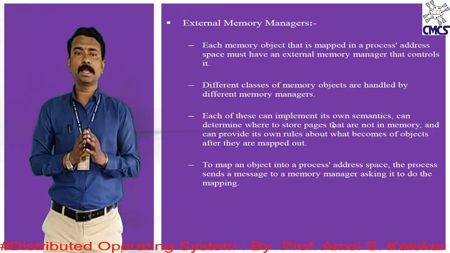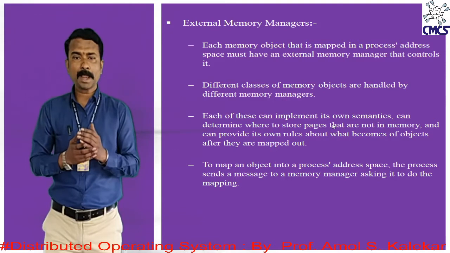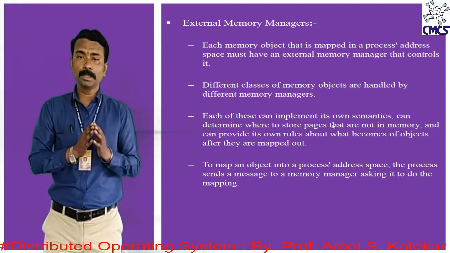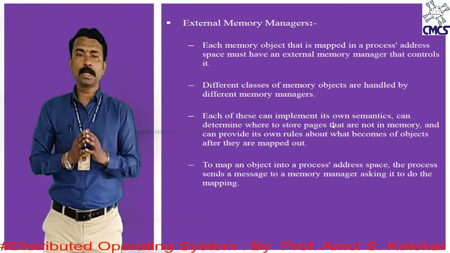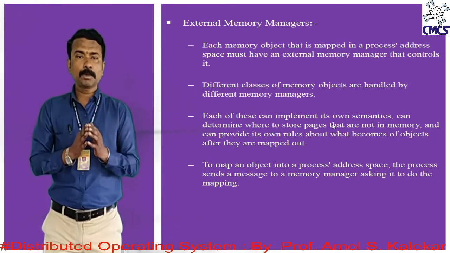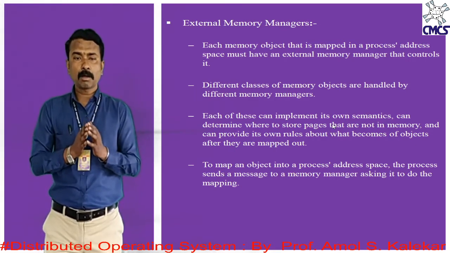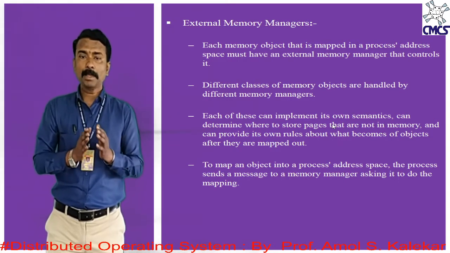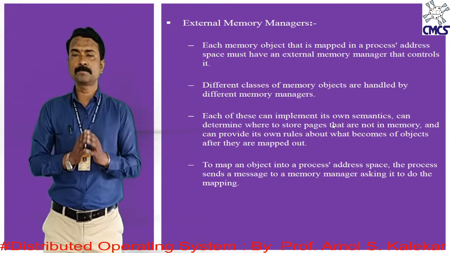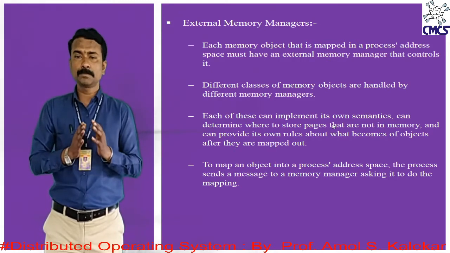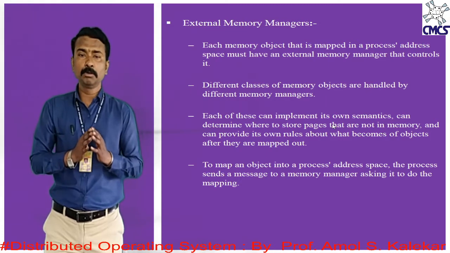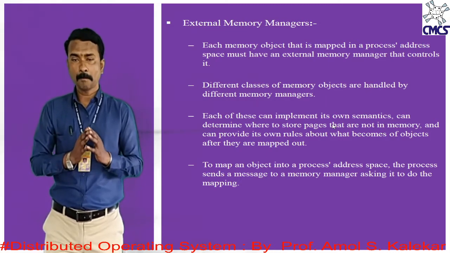Each of these can implement its own semantics, can determine where to store the pages that are not in the memory, and can provide its own rules about what becomes of objects after they are mapped out. To map an object into the process address space, the process simply sends a message to the memory manager asking it to do the process of mapping.